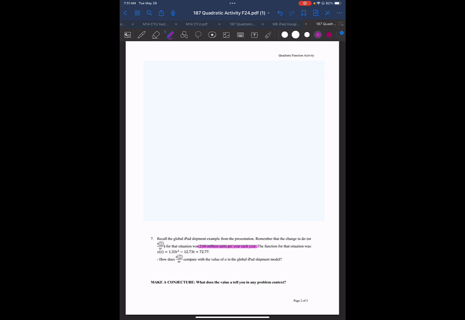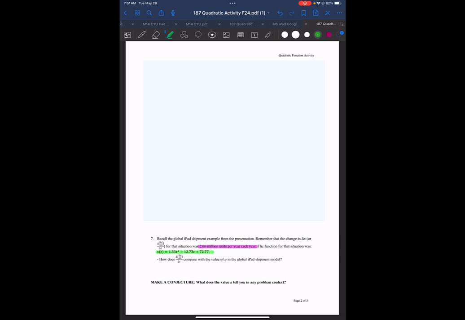And the function for that situation was given by this formula here: S of t is 1.33 t squared minus 12.73 t plus 72.77.